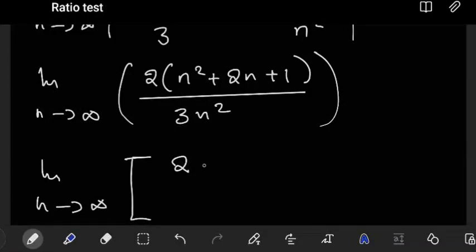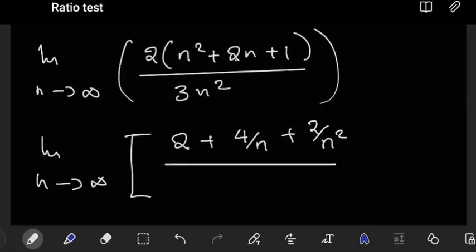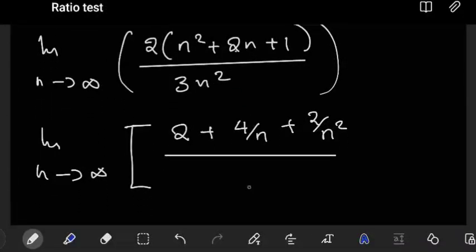So we'll just remain with the 2 there, plus, and then this will be 4, then n divided by n squared, so this will be 4 over n. Then next, this will be 2 times that. This is going to be 2, then 2 divided by n squared. Then in the denominator, I'll do the same thing. 3n squared divided by n squared, so I'll remain with just 3 there.